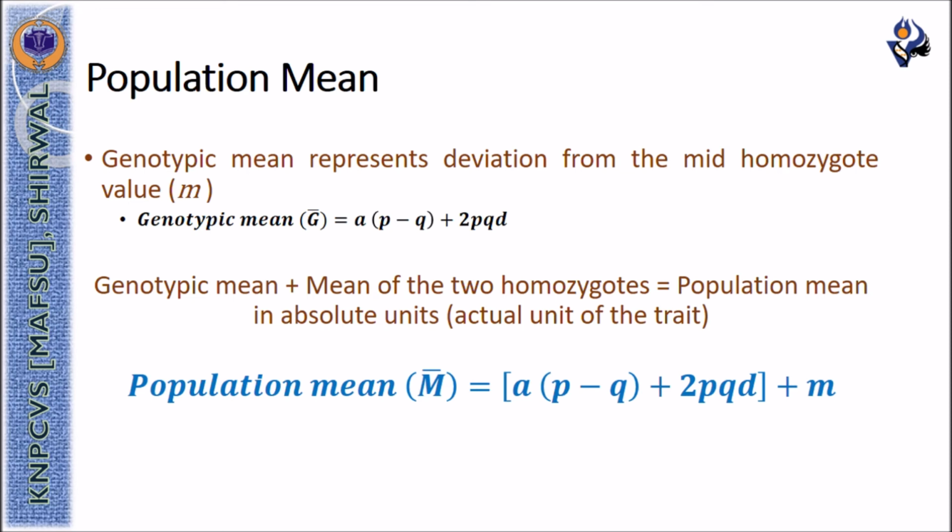So the population mean represented with M bar can be calculated with the formula a(p - q) + 2pqd + m.